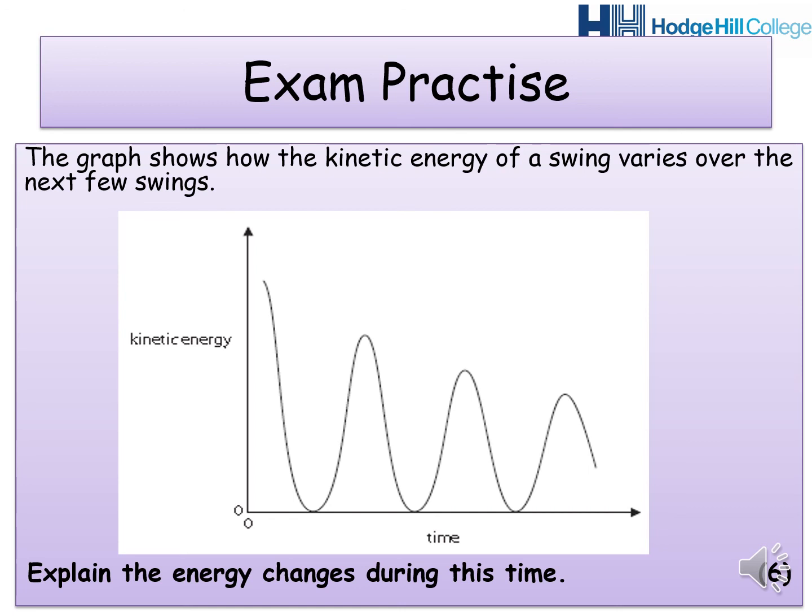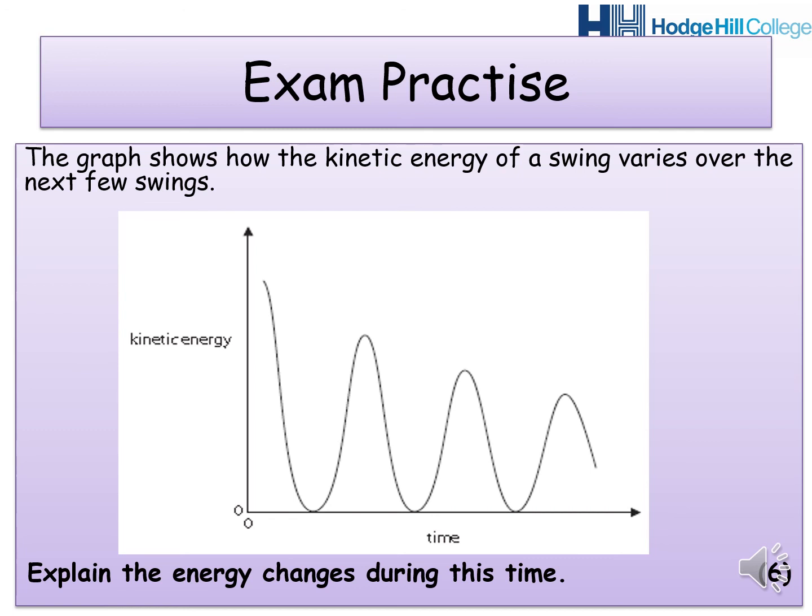Now, what you need to think about is a swing, so a swing that you'd see in a park, and you imagine that swing moving, going from high up in the air, moving down towards the ground, and then moving back up into the air, and that continual motion of the swing going up and down. So you need to link that motion to gravitational potential energy and kinetic energy.